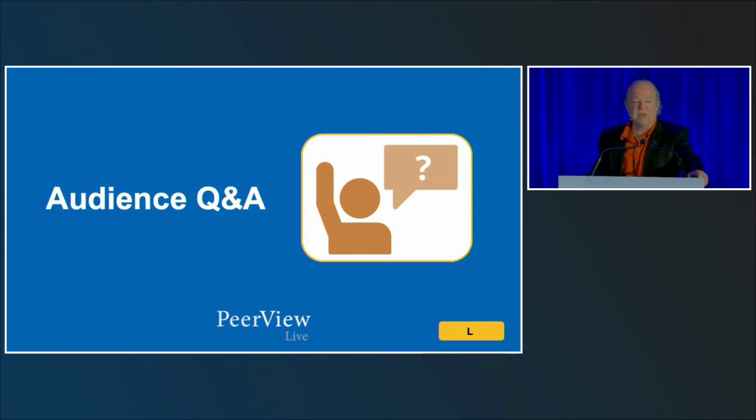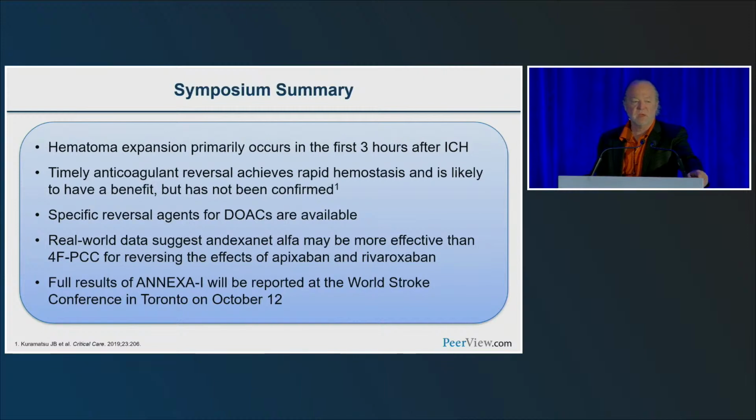Specific reversal agents are available and are indicated by most of the societies as first-line treatment, with PCCs as second-line treatment if you don't have first-line treatment. There are still lots of places in the United States that don't have direct reversal agents, lots of small hospitals, urgent cares, and freestanding emergency departments that may not have it. So plan B is Kcentra.